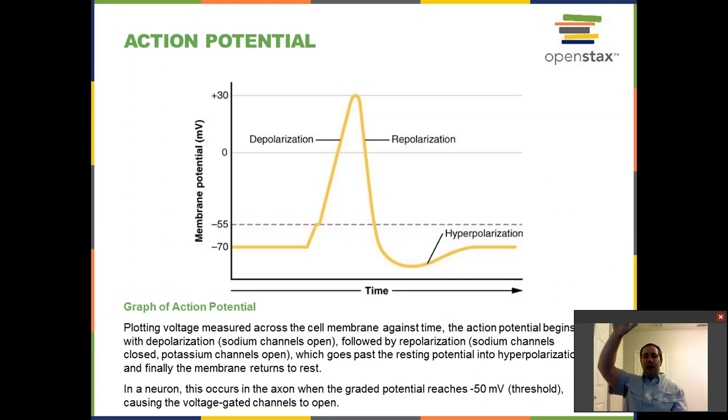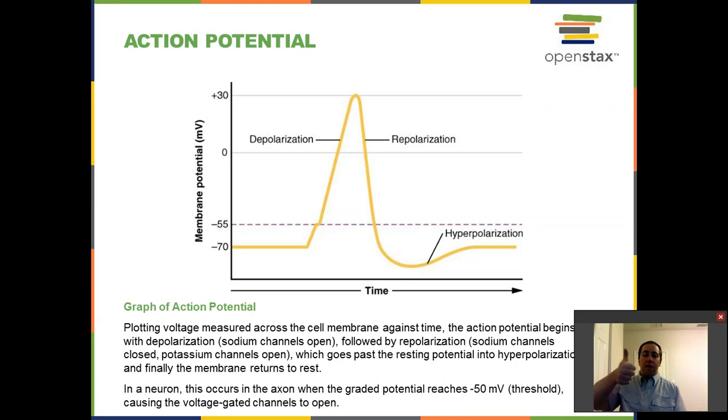It gets up to positive 30, turns around, and now starts dropping back down. When it is dropping back down, we call that repolarization. And notice, as it drops back down, it again overshoots a bit. What we're trying to do is reload this neuron. We're pumping the sodium back out. Sodium flooded in during depolarization.